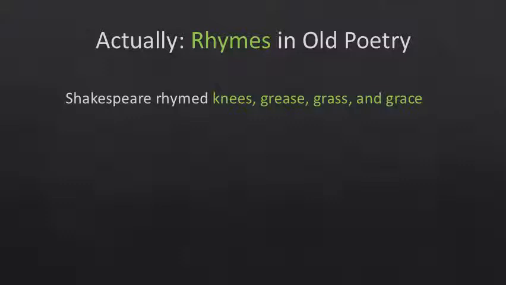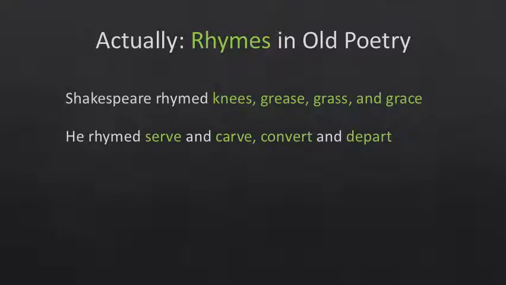For instance, we know that Shakespeare rhymed those words, which today do not rhyme, and so they must have had the same value sounds in Shakespeare's time. And it would have been a strange kind of half schwa diphthong, like knees, gris, grass, and grass. Something roughly like that. He also rhymed serve and carve, probably sarve and carve, and convert and depart.